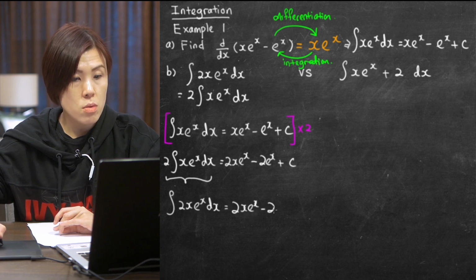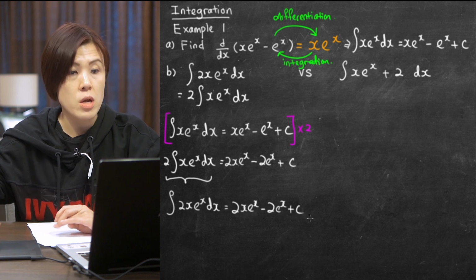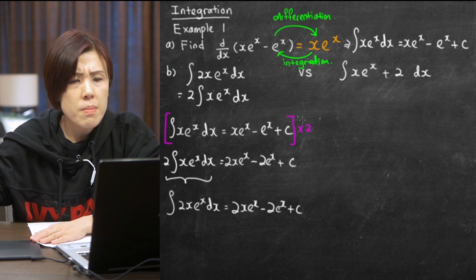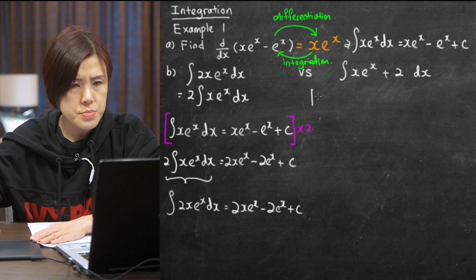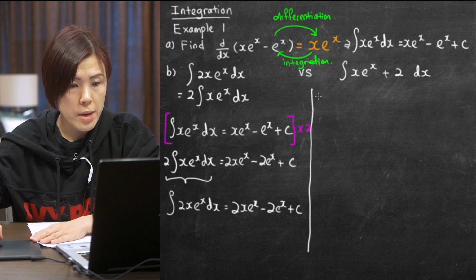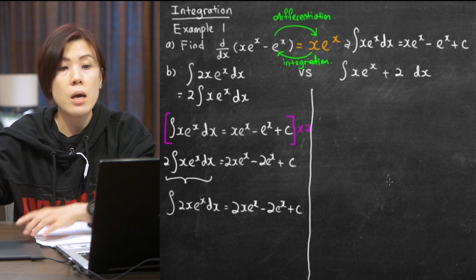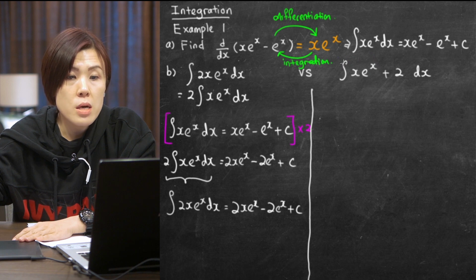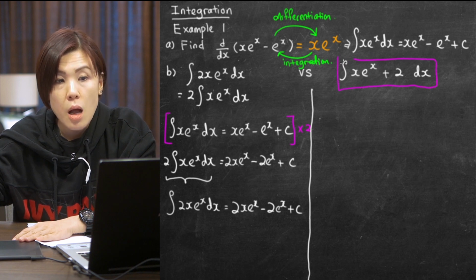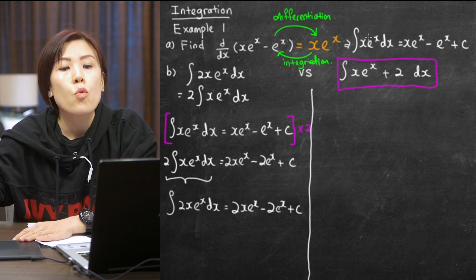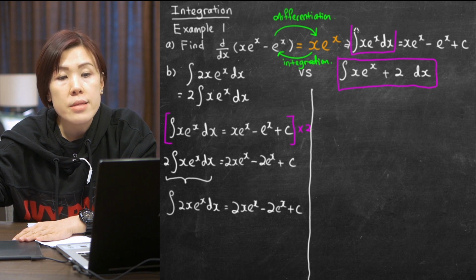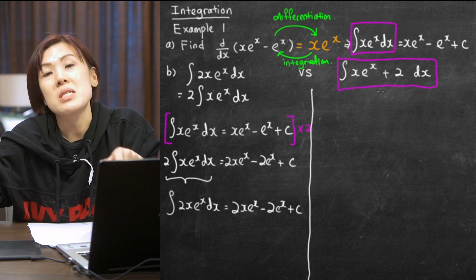So this is the result for the integration on the left side. How about the integration at the right side? Okay, let's compare with the result that we get from part A. If you compare this thing that you need to find with the result that you have, the thing that is missing is plus 2.